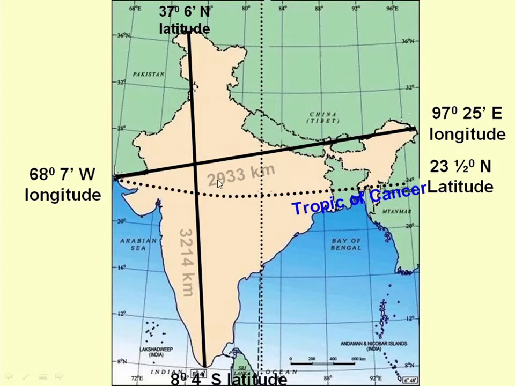The Tropic of Cancer, 23.5 degree north, divides India into two halves. India is lying in the northern hemisphere with respect to the equator and in the eastern hemisphere with respect to the 0 meridian longitude. So we can say India's location is the northeastern hemisphere with respect to latitudes and longitudes.